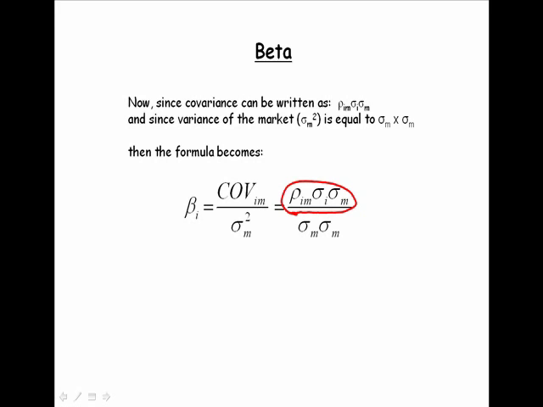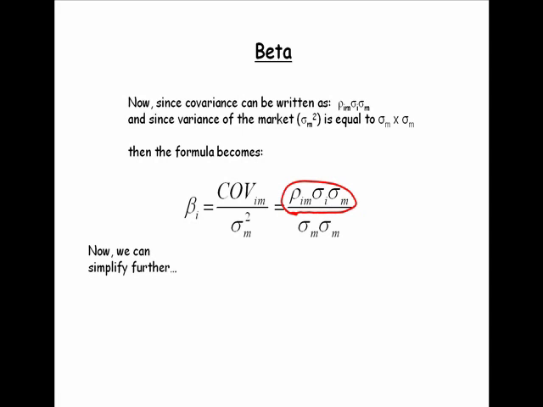So the covariance between asset I and the market is simply equal to the correlation between the two assets times the standard deviation of asset I times the standard deviation of asset M. That term is in the numerator. In the denominator, we have the standard deviation of the market squared.